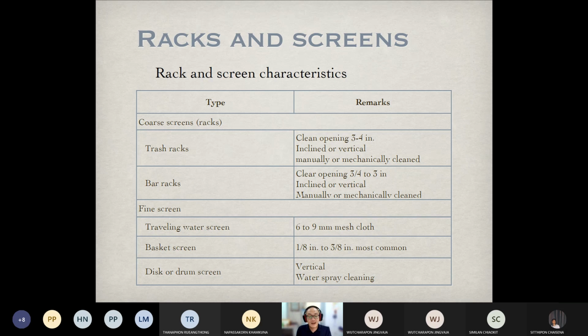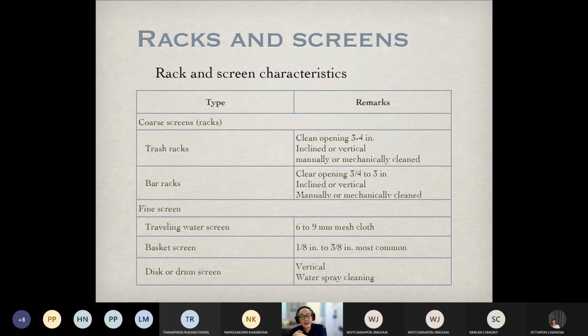So this range is the most common for the basket screen. The last one is disc or drum screen. This one is also very easy. So the screen shape is like a drum, and it's also always moving.